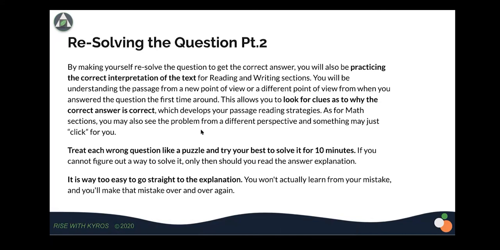So it's important to attempt the questions that you missed again instead of looking directly at the answer explanation. A lot of the time it is hindsight bias, where if you look at the answer explanation, you might tell yourself, oh, I know how to do this. But sometimes doing it yourself will really make a difference. So treat each wrong question like a puzzle and try to solve it yourself. And then if you really can't, you can go and look at the answer explanation.